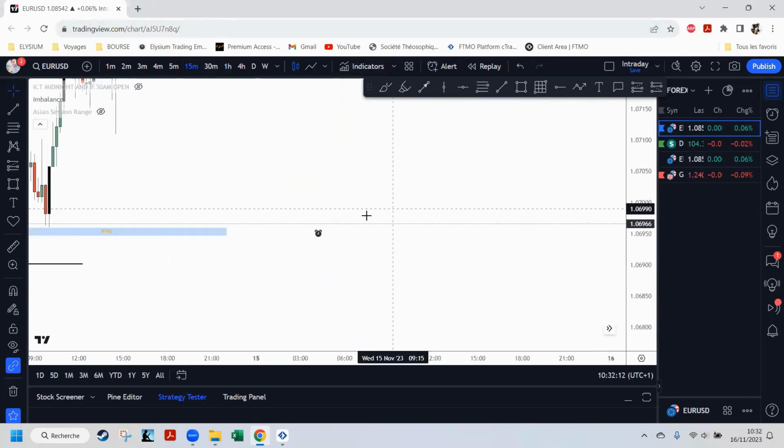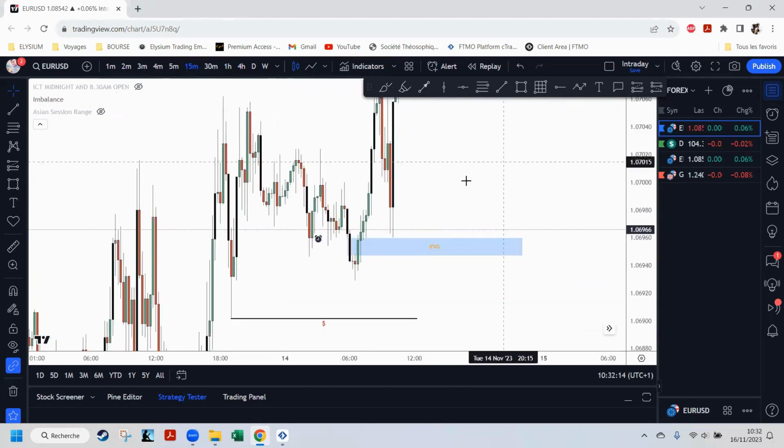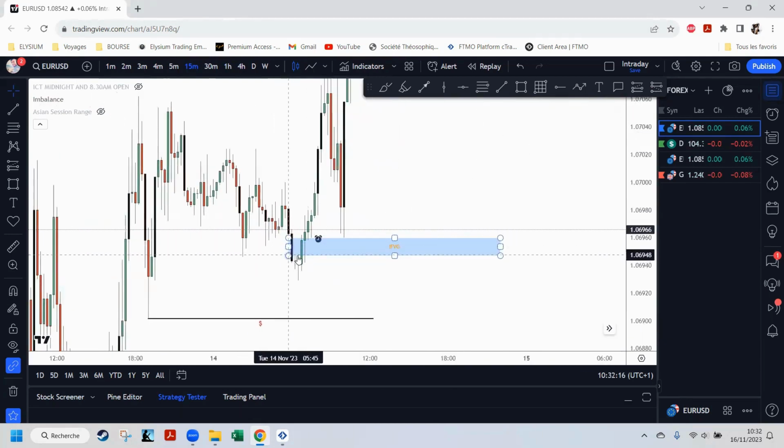For more precision, I prefer this one, it is clean. When my eyes see this fair value gap inverted, of course, because it is on the sell part, normally we trade fair value gaps which go in our direction, right?